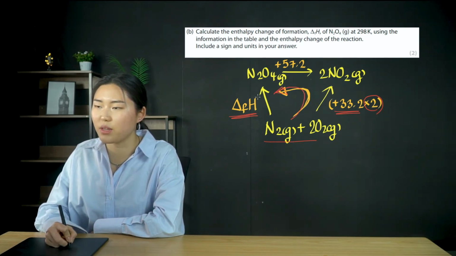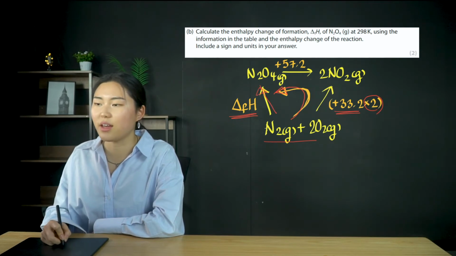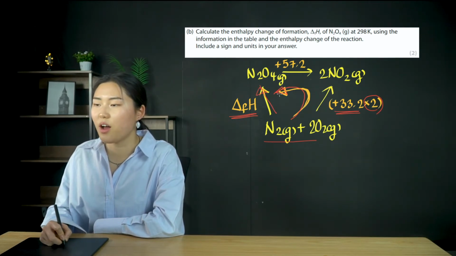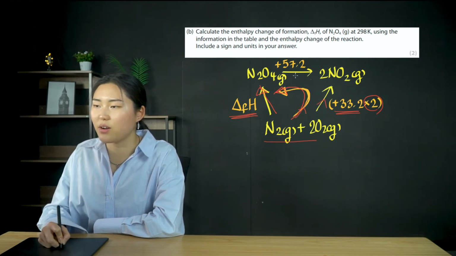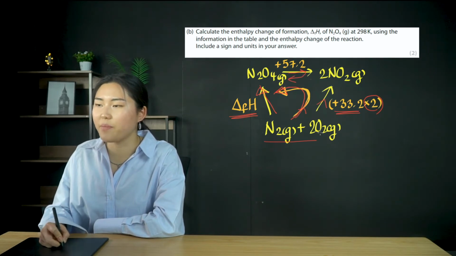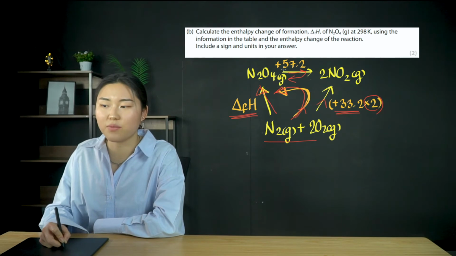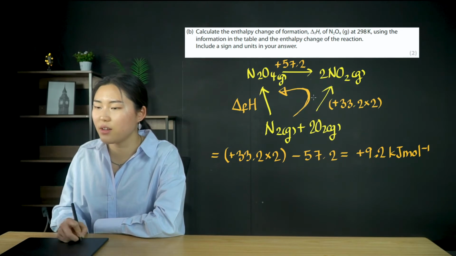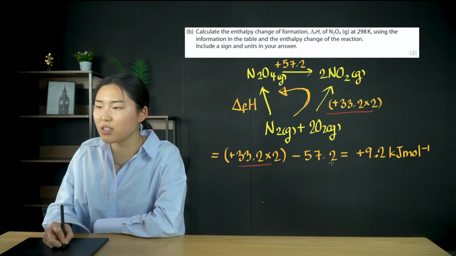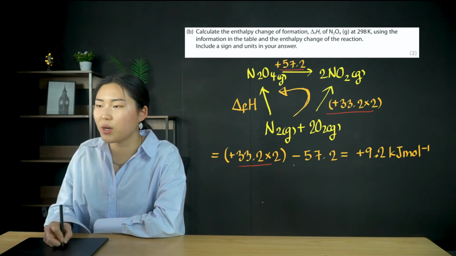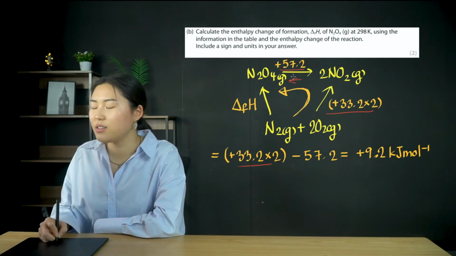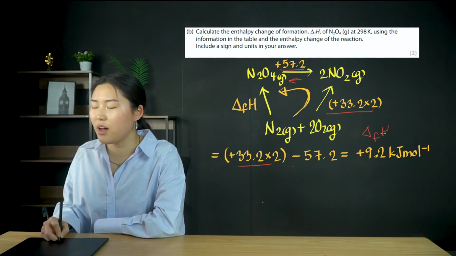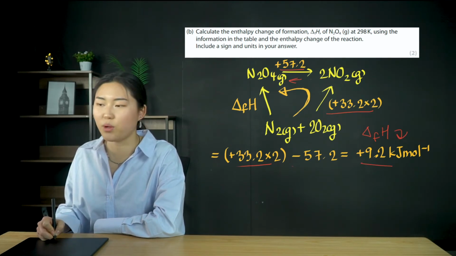So we're going along this arrow, but we're going against that arrow, so we shall be flipping the sign. We would add this value and subtract this value because we're going against this direction. So overall we have delta H formation being plus 9.2 kilojoules per mole, okay?